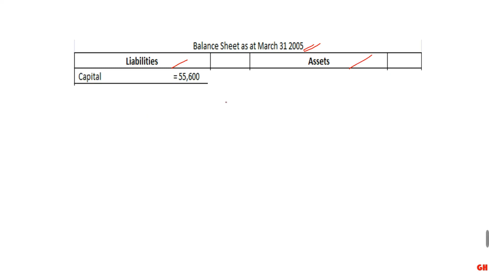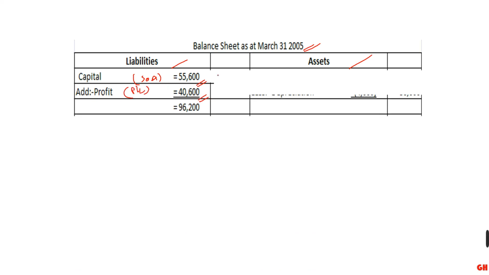So let us start with the balance sheet. First one will be capital, which we have already calculated, 55,600 from statement of affairs. To this we will add profit of 40,600 that we have calculated from profit and loss account. So total we will take in a column only, 96,200.